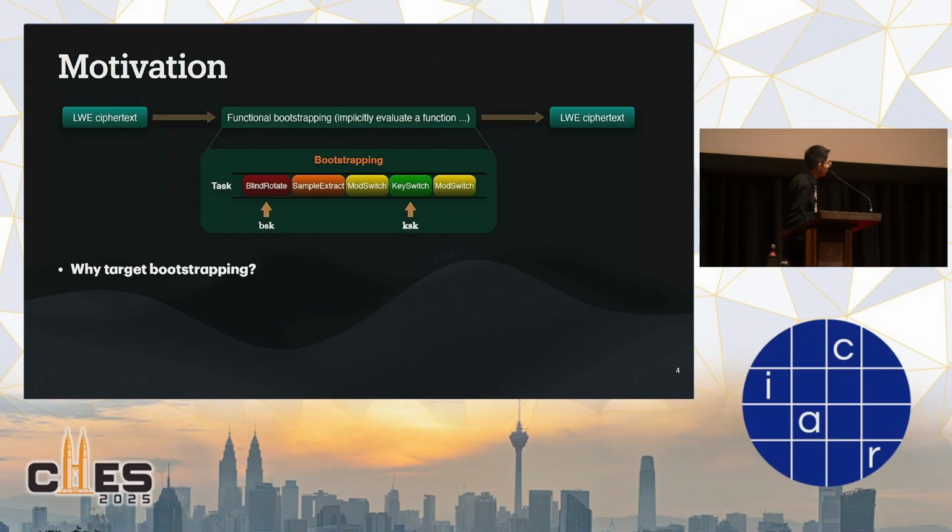Okay, so for LWE ciphertext, when we are doing a functional bootstrapping, it includes several steps, or several modules, or several functions. The first task is blind rotation, and this is also the main function inside the bootstrapping. And then we do a sample extraction, and also LWE mod switch, and LWE key switch.